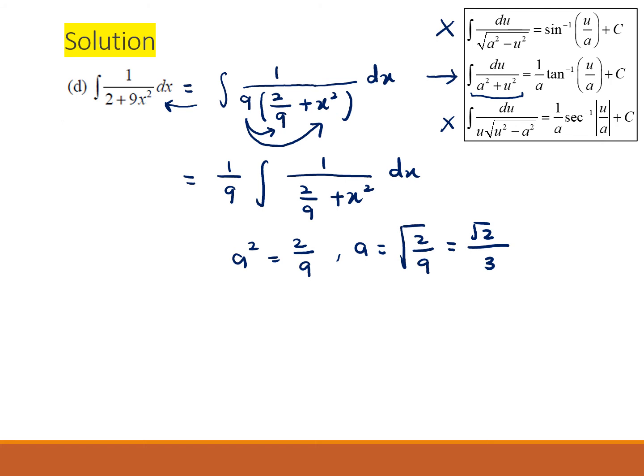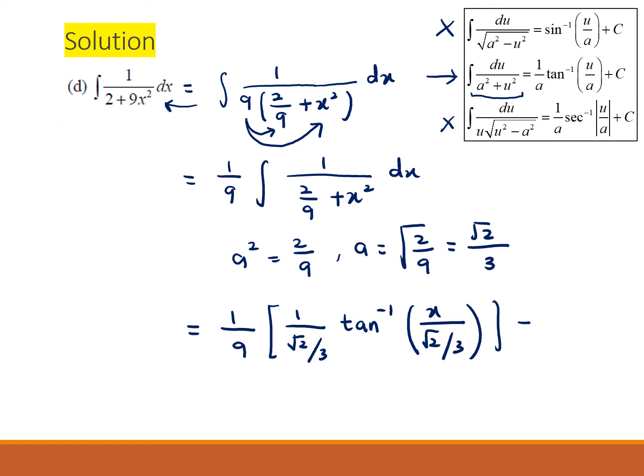If we rewrite this, the integration gives you 1 over a, where a is square root of 2 over 3, times arctangent of u, which is x, over a, which is square root of 2 over 3, plus c.